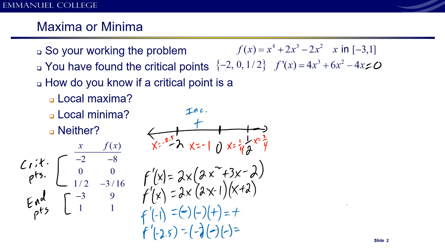Negative times a negative is positive, times another negative is negative. So I know the function is decreasing on that interval. And just to save some time, at 1/4, this is going to become negative. And then at 3/4, this will be positive.